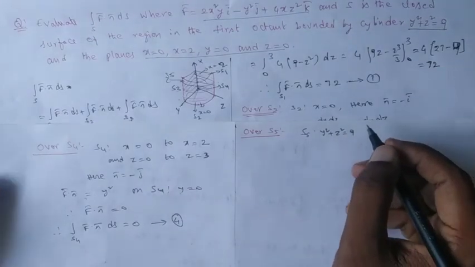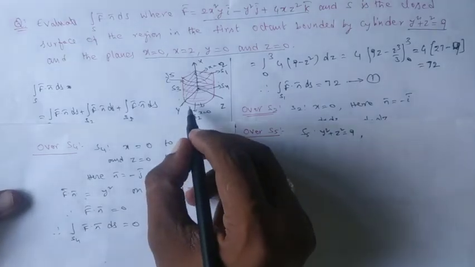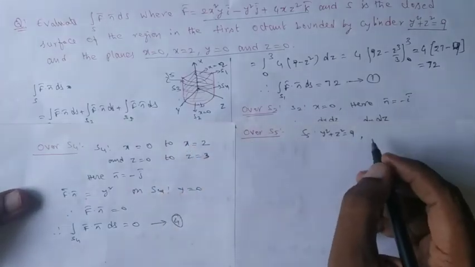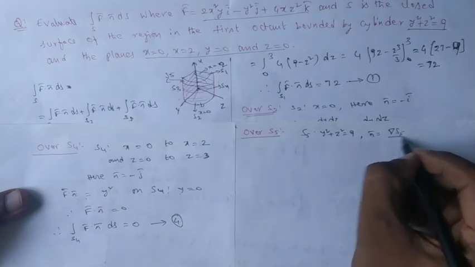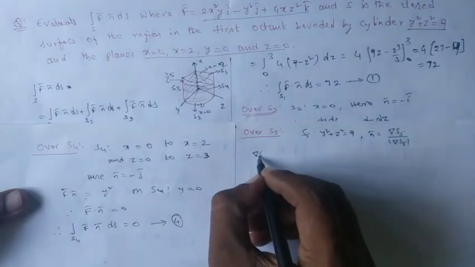Now let us try to find out what n bar is. It is not that easy to identify directly by observing the picture. You have to calculate using our regular technique. So here n bar equals gradient of S5 by the modulus of gradient of S5.